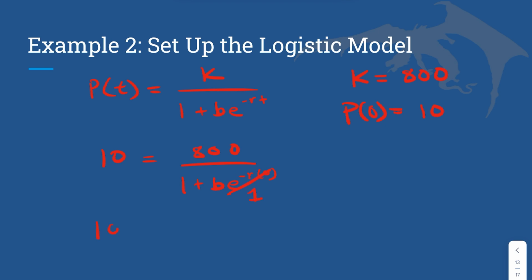And again, we have 10 is equal to 800 over 1 plus B. So we then get 10 times 1 plus B is equal to 800. 10 plus 10B is equal to 800. 10B equals 790. B equals 79. So we have our B value.